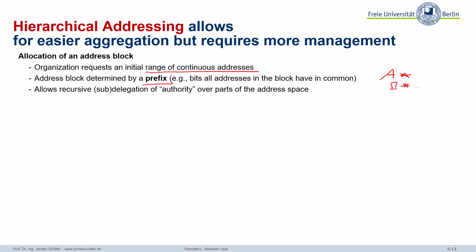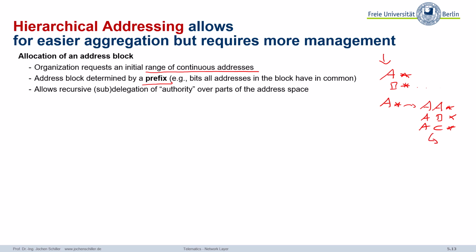An international organization distributes the first letter, and then if you have an A given to a national organization, this national organization can say, okay, I can give away the AA and whatever follows, the AB and whatever follows, and the AC and whatever follows. So we can have more hierarchies.